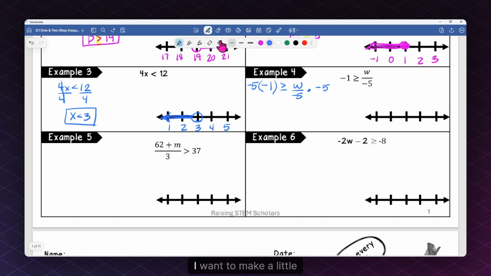But I want to make a little alert here. Anytime we multiply or divide by a negative, we have to flip the inequality.